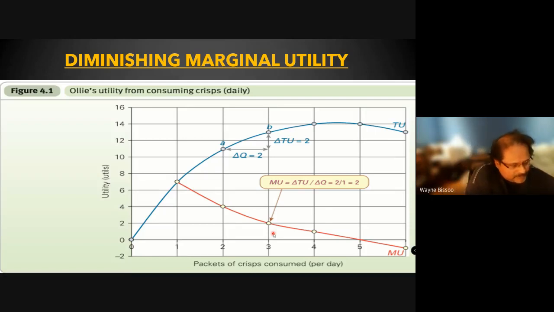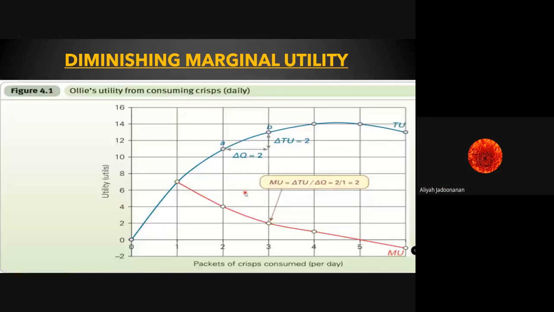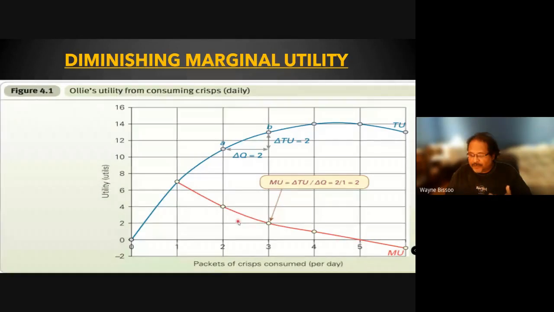Why? Because, why, guys? Why wouldn't we want to consume the good if we're paying more money for it than the satisfaction we're getting? Well, let's put it to you this way. Would it make sense?